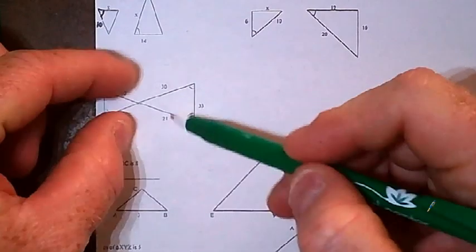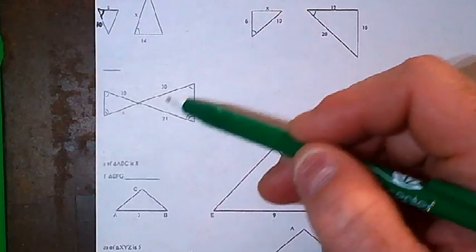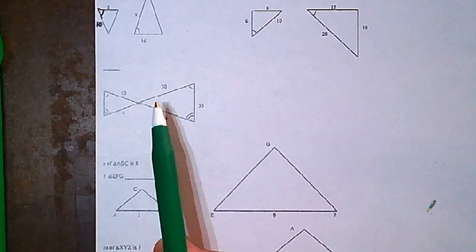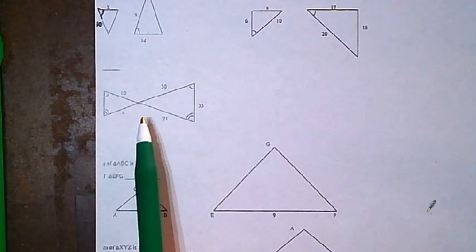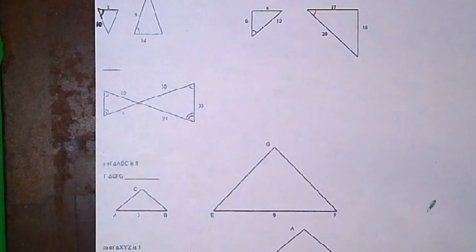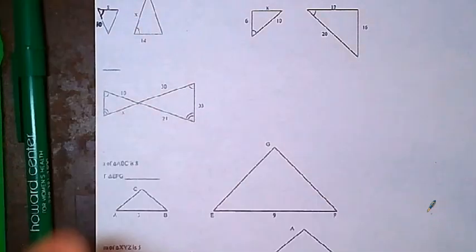But you got to do it according to the corresponding angles. All right, making sure that you are in the same order and being consistent with your fractions. All right, so go ahead and start working on those few problems, and then in just a minute we will go over those, and then we'll start talking about some other things.